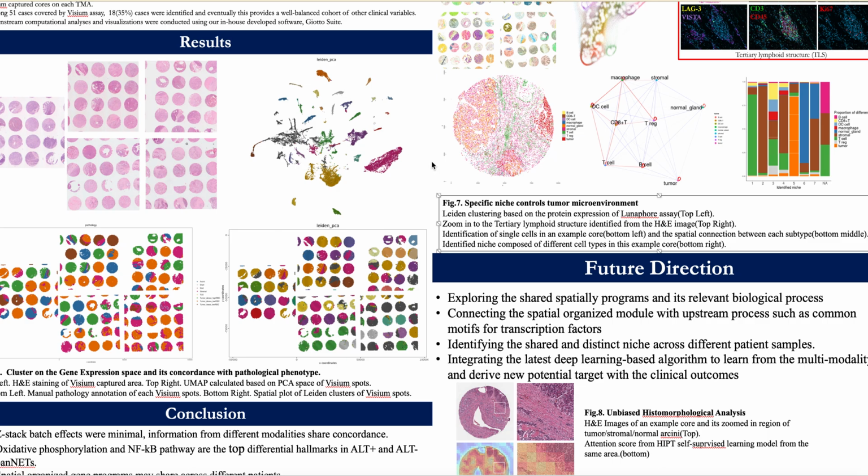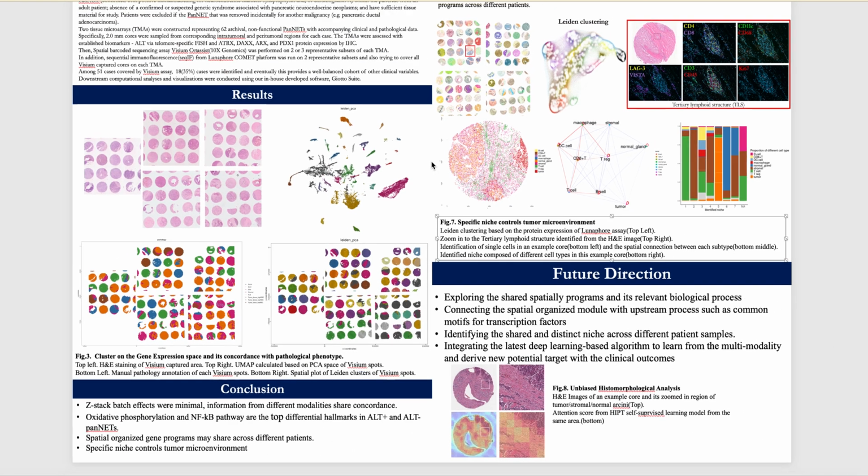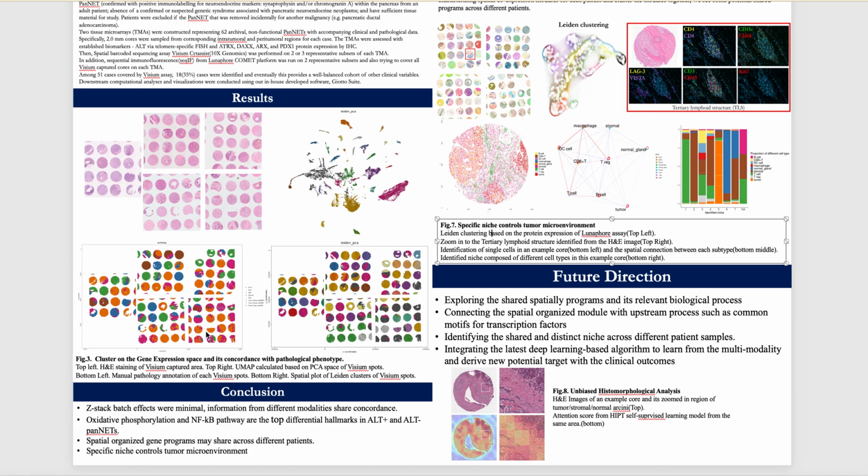So we first take a look at this unbiased clustering just based on the gene expression profile from the Visium dataset alone. So on the top left, this is the H&E of the covered TMA core, and on the right is a UMAP calculated based on the PCA space of the Visium spots, simply on the gene expression.